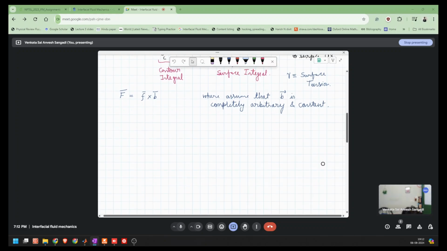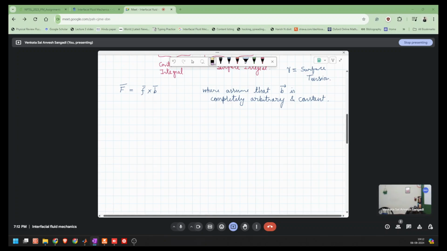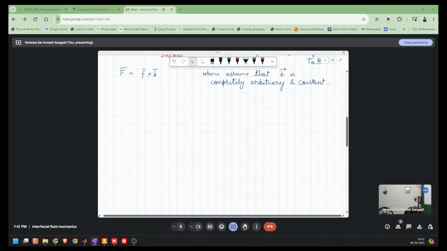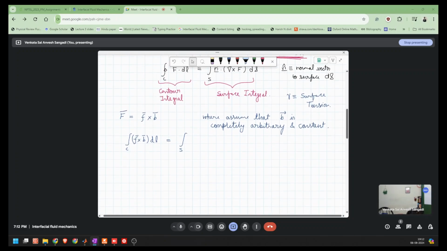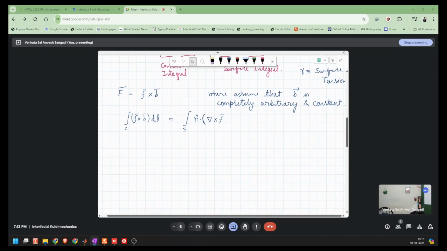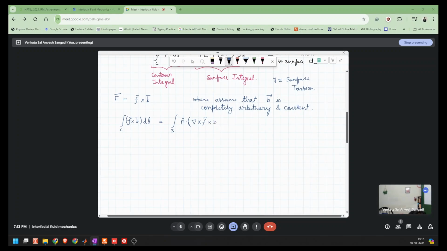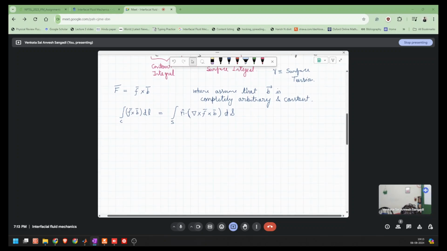Then we get for us the surface integral that we are taking.